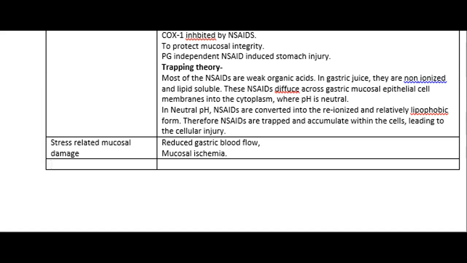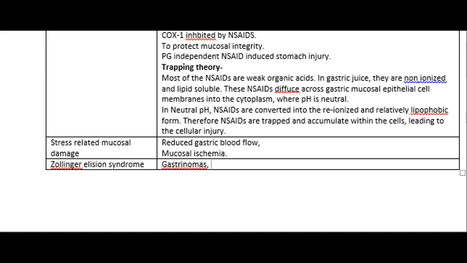And coming to the uncommon causes, Zollinger-Ellison syndrome. What is this Zollinger-Ellison syndrome? It is a rare condition in which one or more tumors from the pancreas or the upper part of the small intestine occur. These tumors are also called gastrinomas.